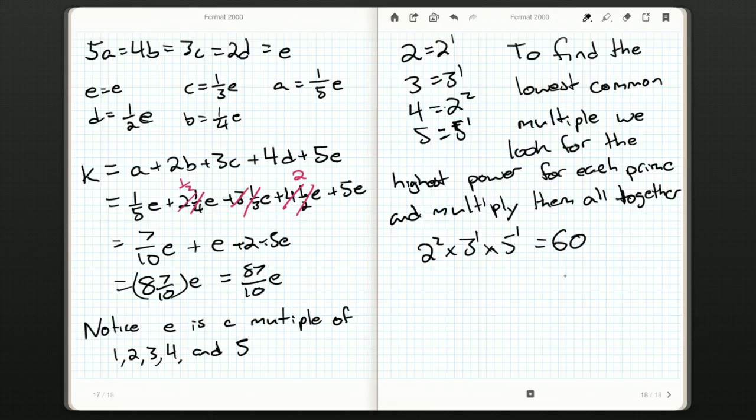Now 60 is divisible by 5, it's divisible by 4, 3, and 2, and it is the smallest number. K is smallest when E is smallest. And E equals 60 is the smallest it can be.